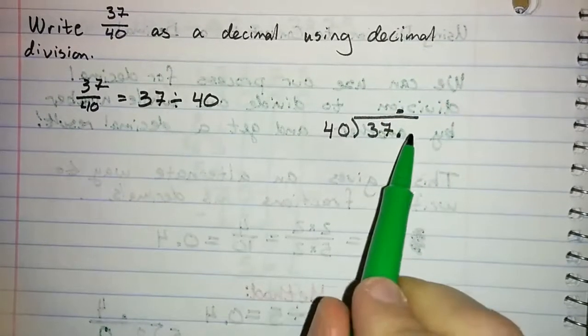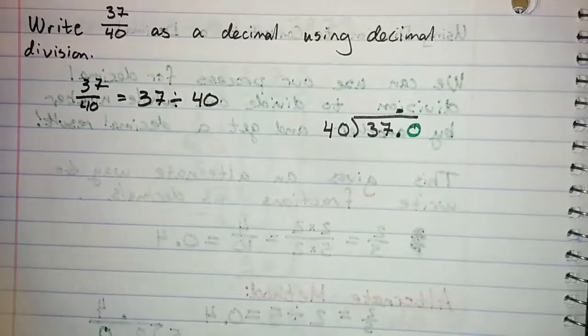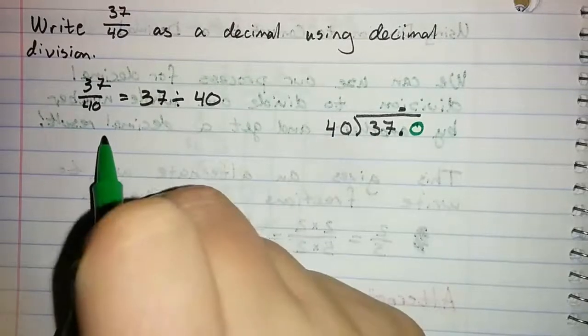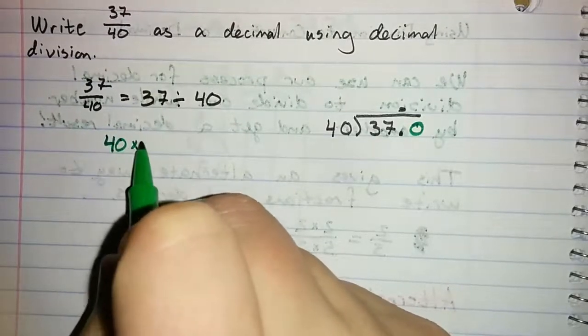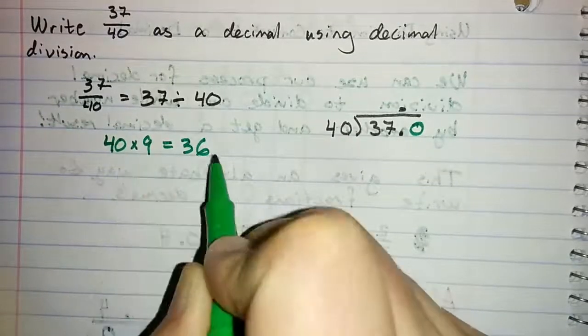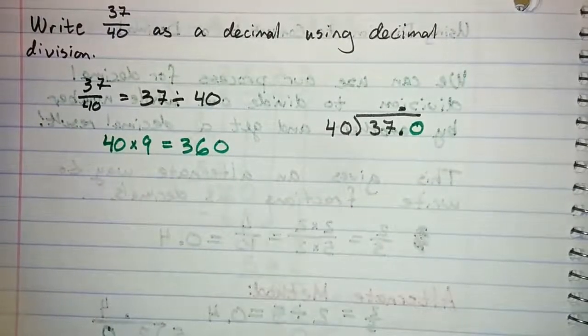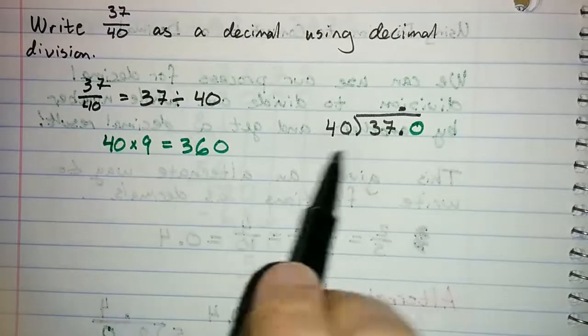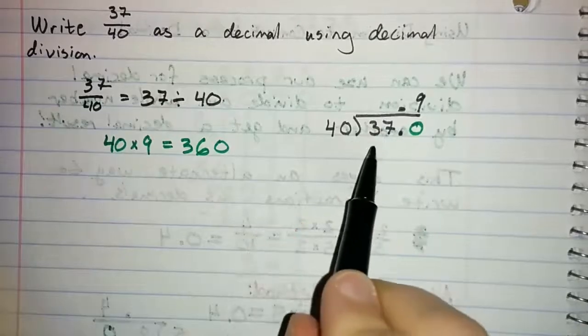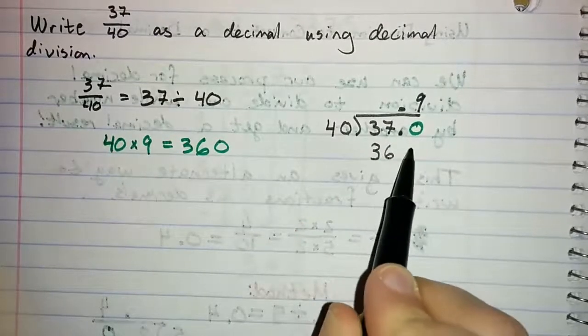So we'll add a 0 to the right of the decimal point. 40 goes into 370, I think 9 times, since 40 times 9, well, 4 times 9 is 36, and then I have a 0 on the end. Yes. 40 goes into 370 9 times. 9 times 40 is 360.